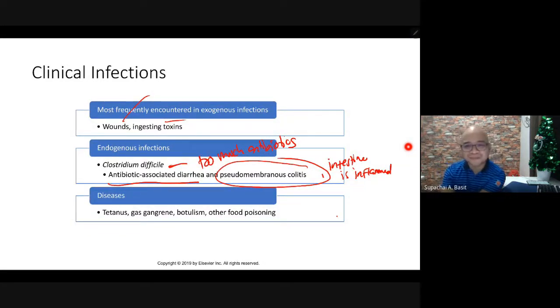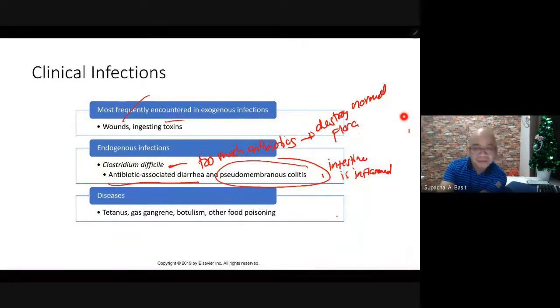So Clostridium difficile is due to too much antibiotics, and too much antibiotics will destroy the normal flora. It will destroy normal bacteria. So Clostridium difficile, therefore, would become opportunistic.